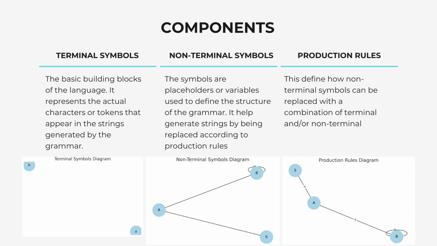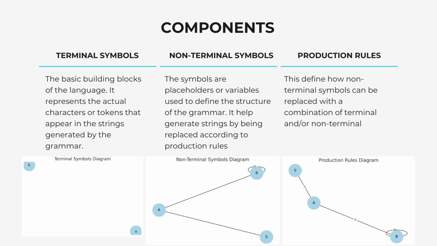Now, let's describe the terminal symbols. Terminal symbols are the basic building blocks of the language. They represent the actual characters or tokens that appear in the strings generated by the grammar. They cannot be replaced or rewritten further. They form the output or the final strings of the language.